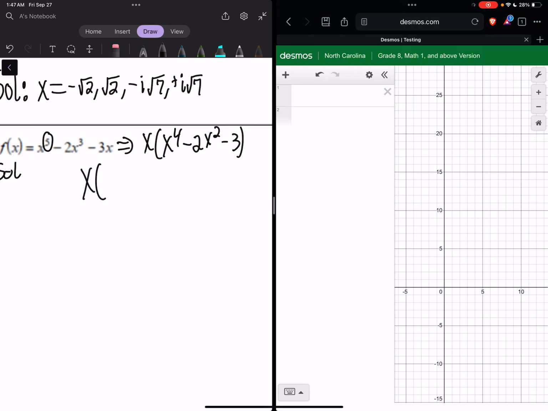The factors of 3 that add to negative 2 is going to be x squared minus 3 and x squared plus 1. Again, this is x squared instead of just x because my exponents are decreasing by 2 and not 1. All right, I'm going to set this equal to 0.